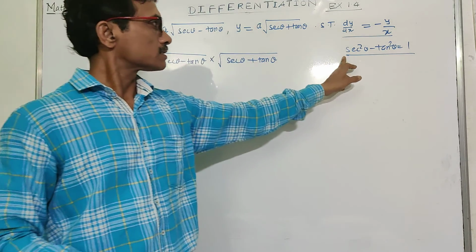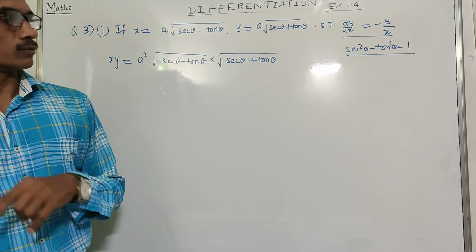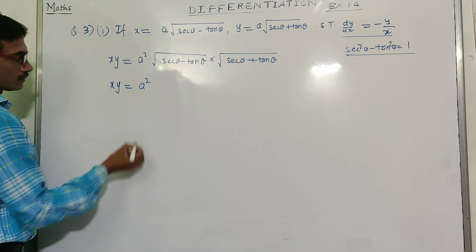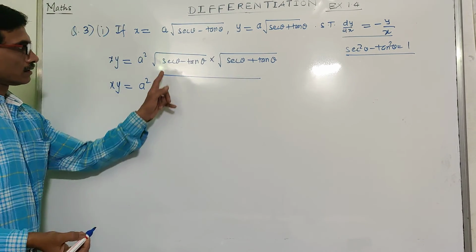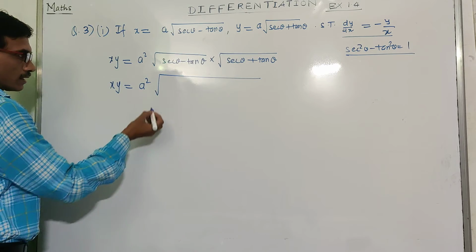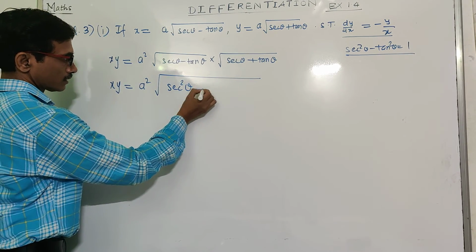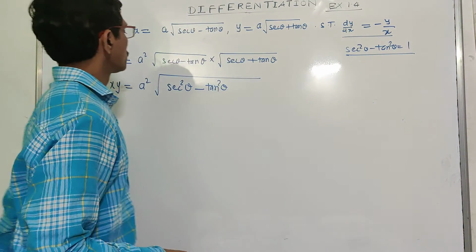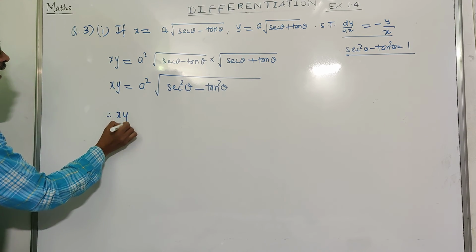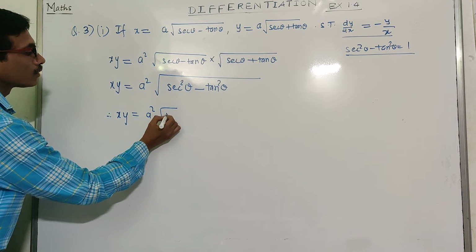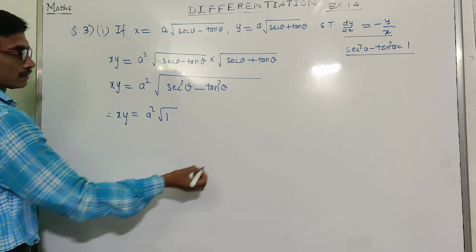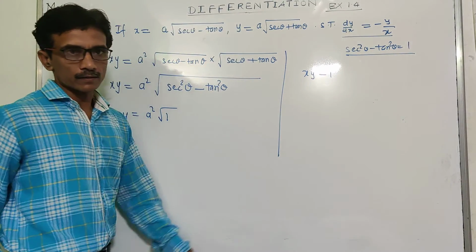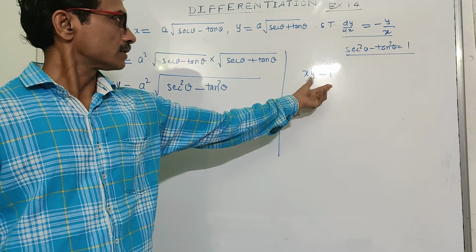That will give us sec square theta minus tan square theta inside the square root, by a plus b, a minus b, a square minus b square, which is equal to 1. Therefore x into y is equal to a square into root of 1, which is a square. Now theta is not there in the expression, that means theta is eliminated.